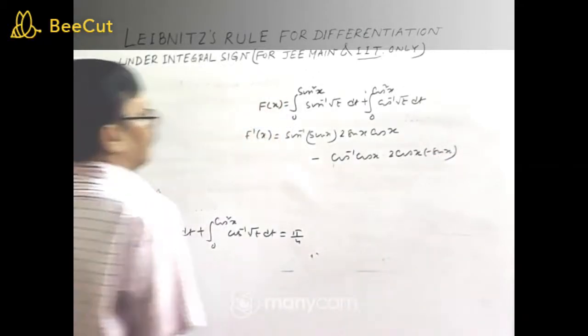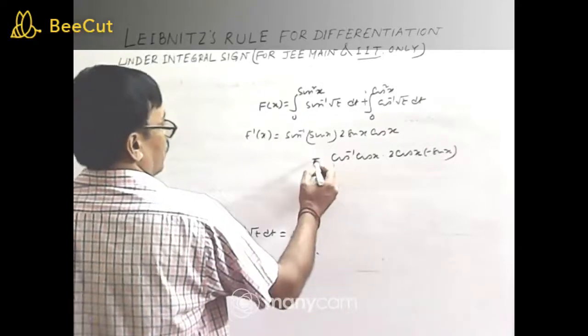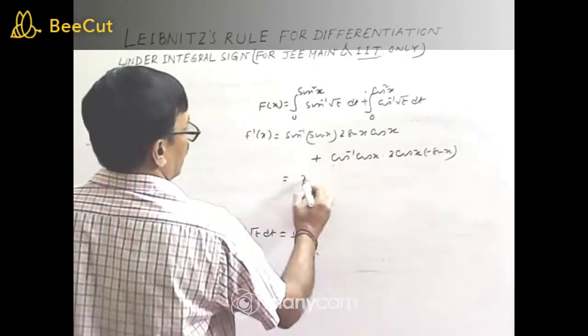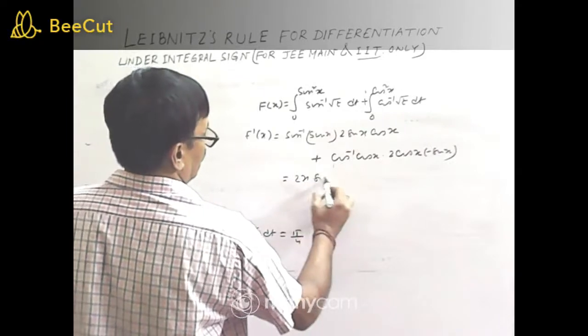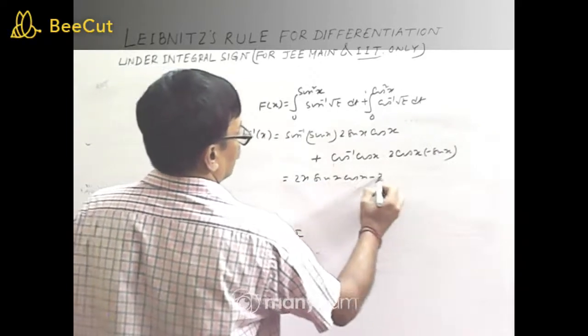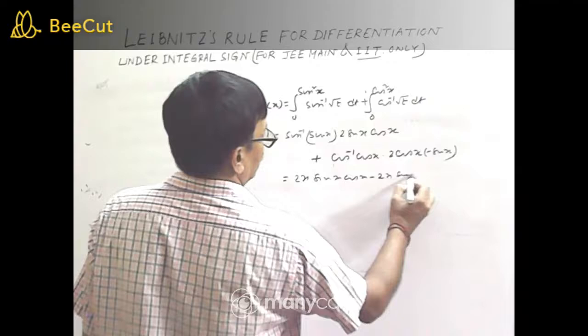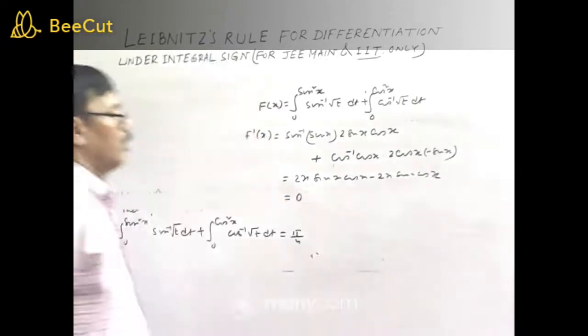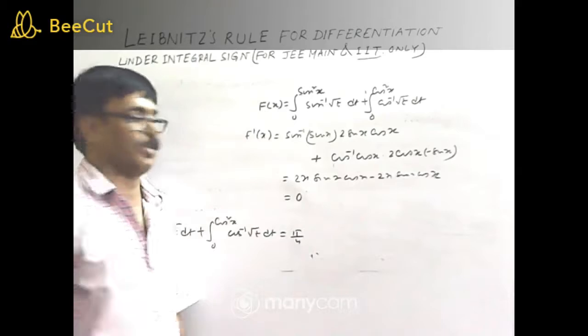So this is plus. So x into 2 sin x cos x, and this is minus x into 2 sin x cos x. So F dash x equals 0.